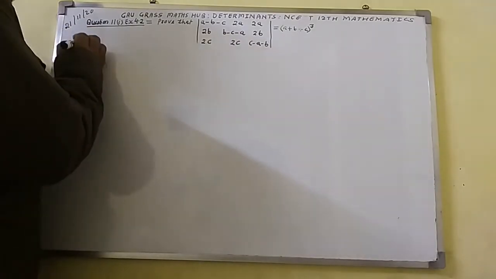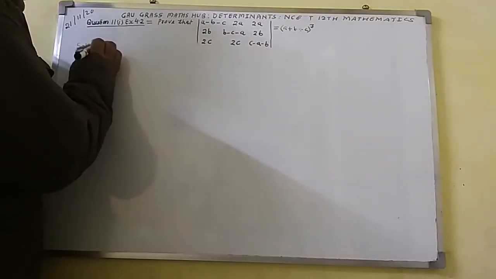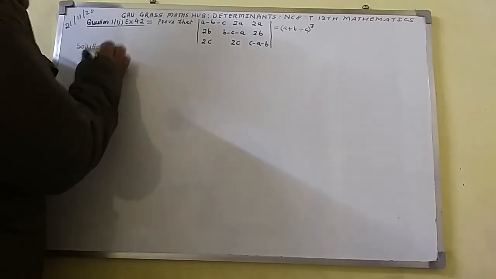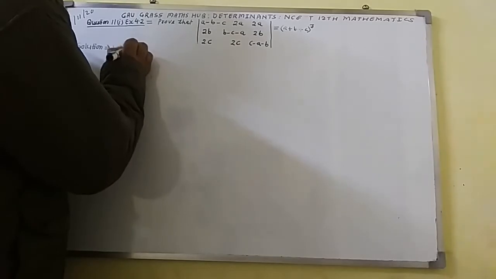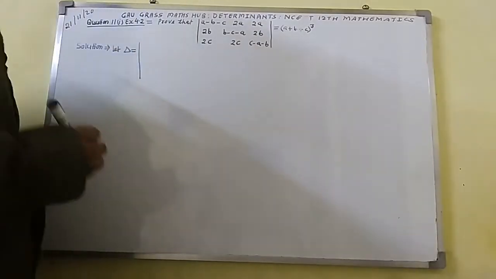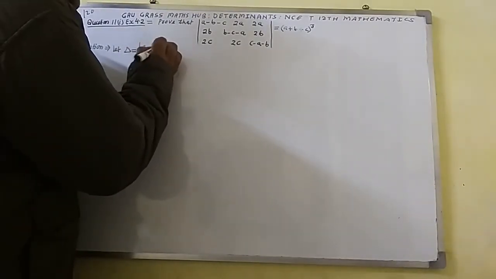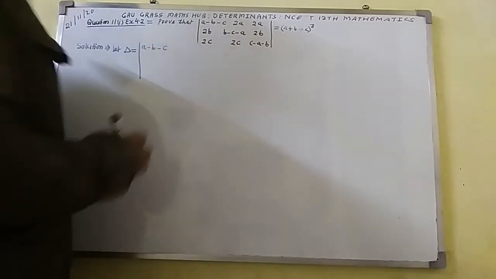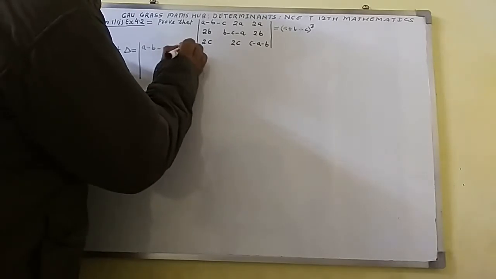Here I shall write the solution. Let the determinant equal to: the elements of first row a minus b minus c, 2a, 2a.